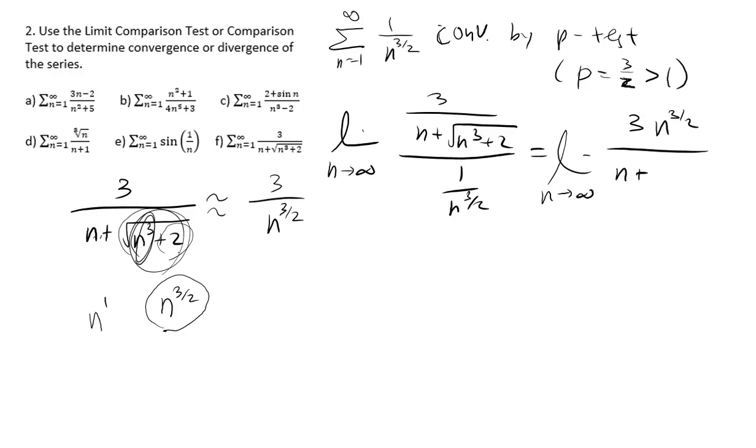over n plus n cubed plus 2 to the 1/2. Sorry, not 3 over 2, the square root is 1/2. And since this is n to the 3 over 2, these two are comparable, and this is dominated by this term, so you're going to get the limit as 3, which is not equal to 0.